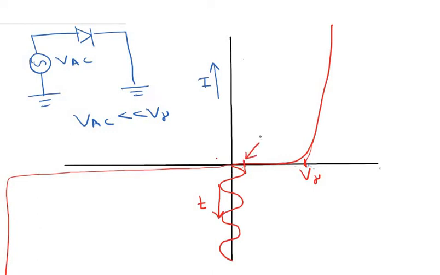So this point is the amplitude of the AC voltage VAC, and if I consider the IV characteristics of the diode, I can easily understand that the current across the diode is 0, because this voltage is much less than V gamma. Okay, and similarly for the negative amplitude here also. So this voltage here is minus VAC.